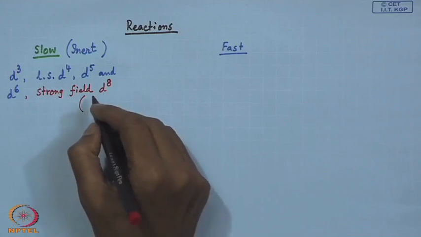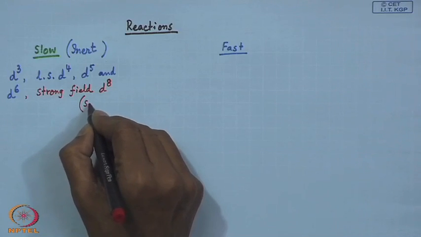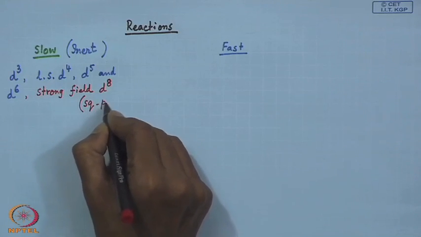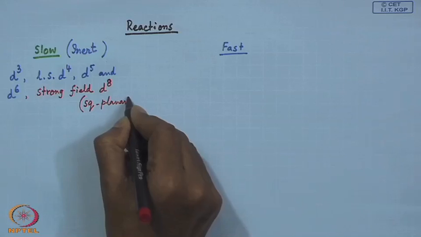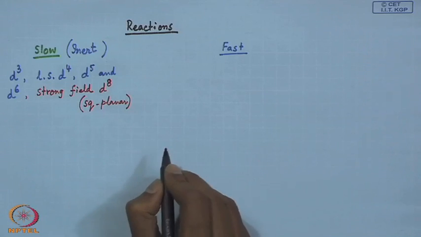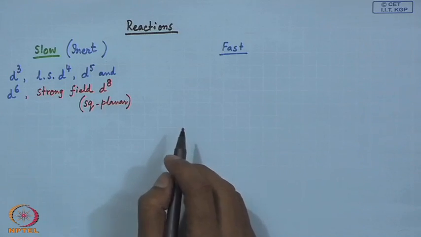In strong field d8 configuration, in most cases we get square planar complexes such as several platinum and palladium compounds.